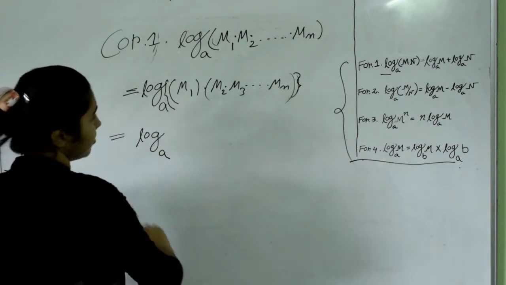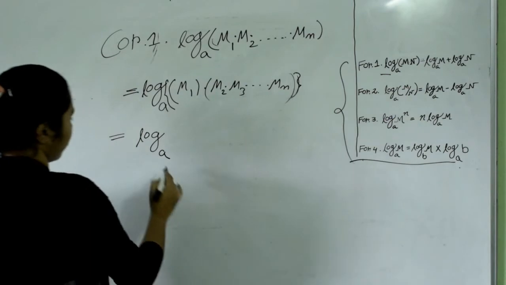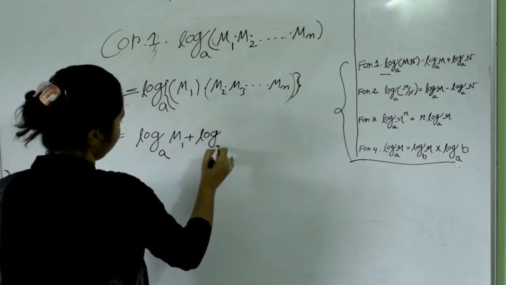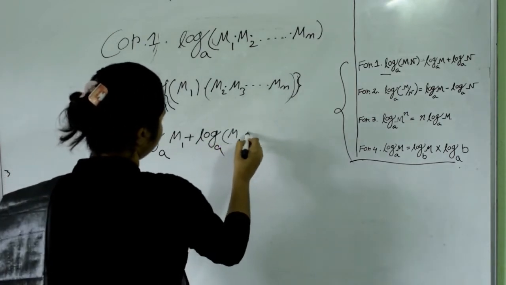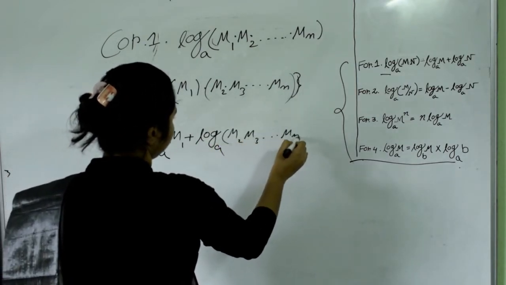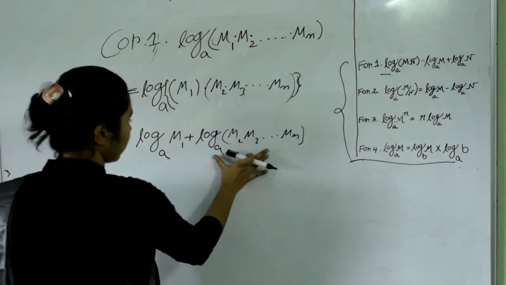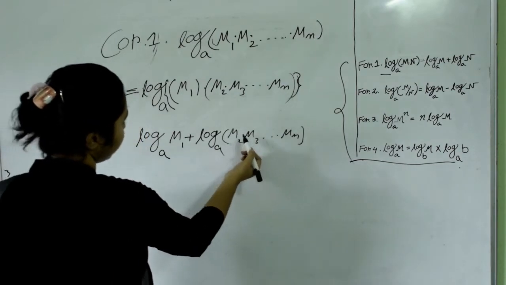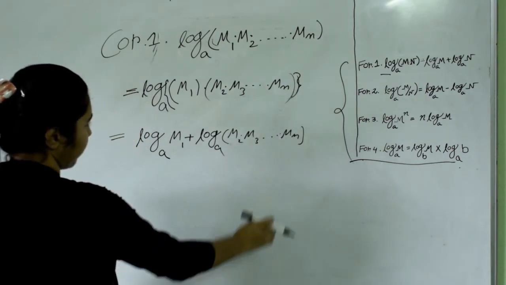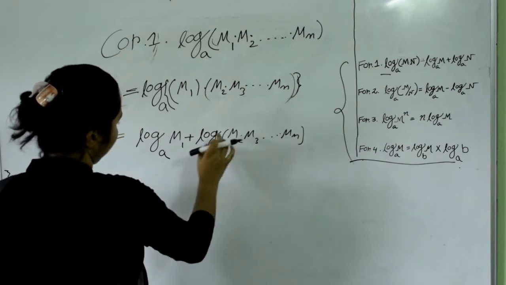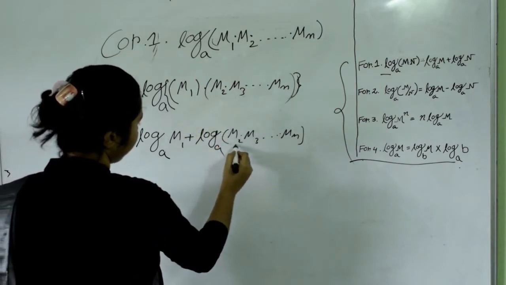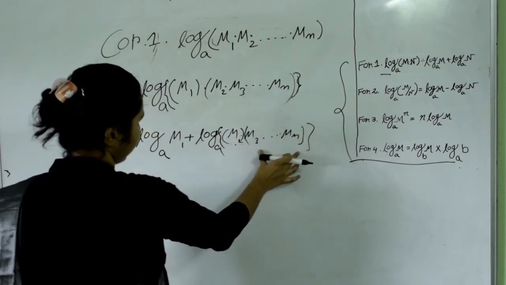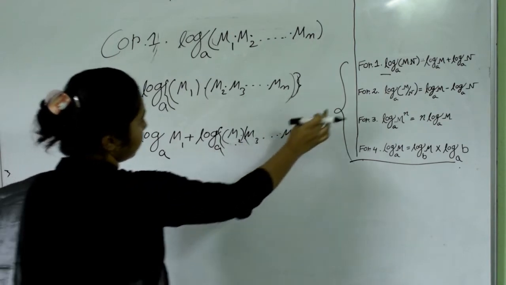So log a, with the base remaining the same, log a m1 plus log a of m2 m3 up to mn. Now look at this term. Here also we have m2 into m3 up to mn. So apply the same process for m2 and m3 to mn. Again apply formula 1.